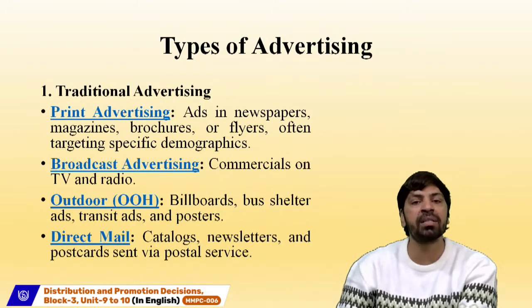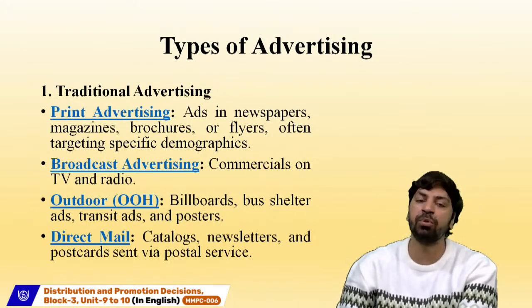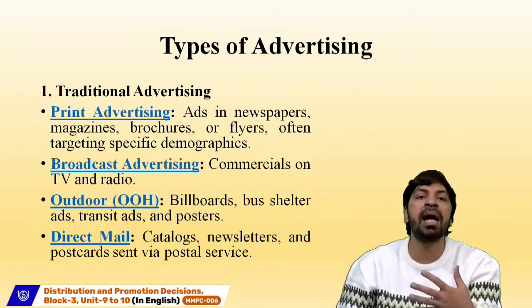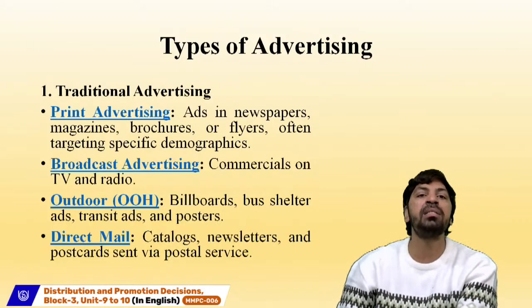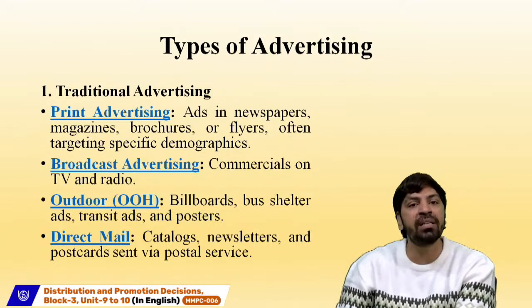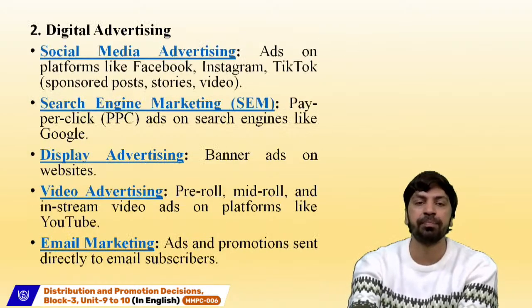Outdoor advertising, it's billboards, bus shelter ads, transit ads, or posters. You can also look at the ads on the Delhi metros or ads on the buses. That's called outdoor advertising. Next is direct mail. It refers to catalogs, newsletters, and postcards sent through the postal service.